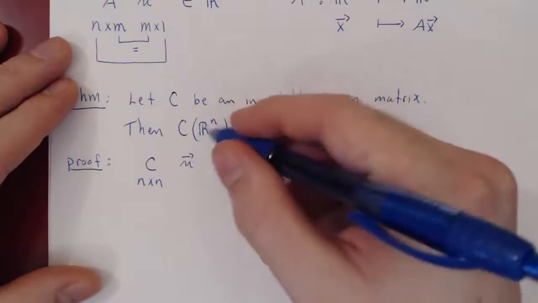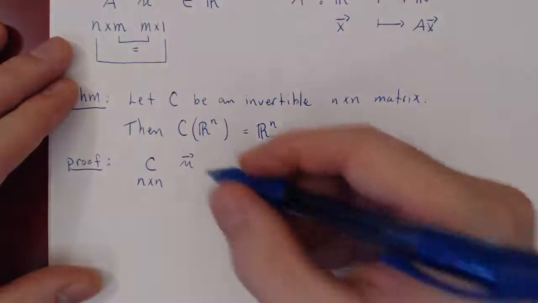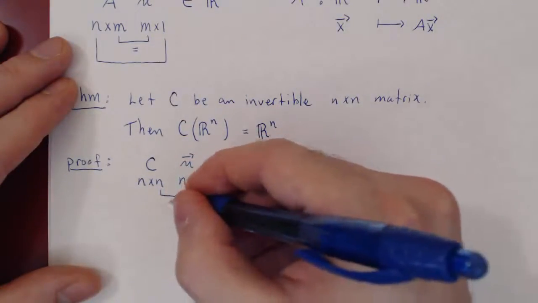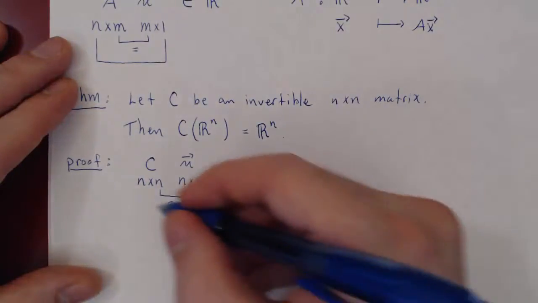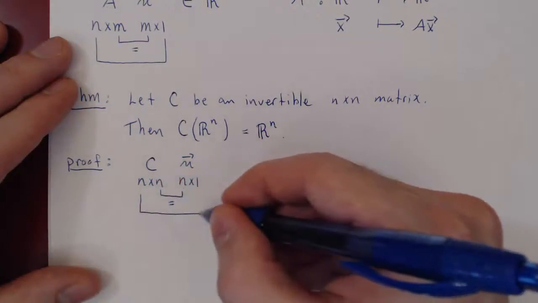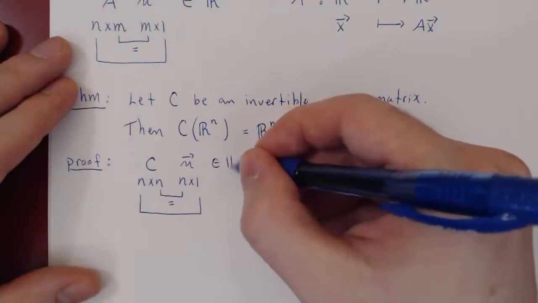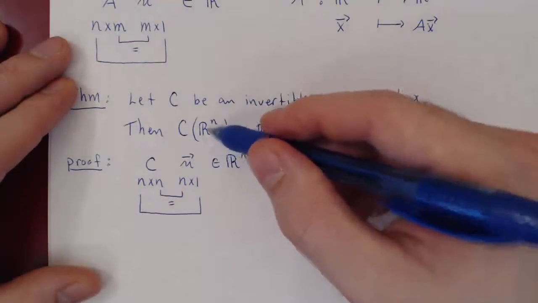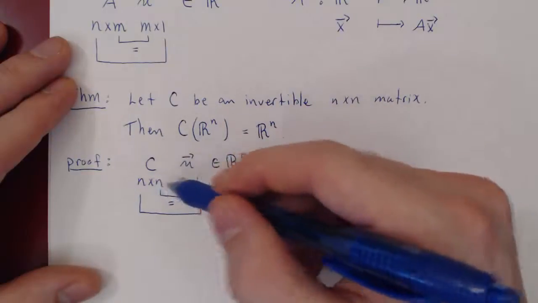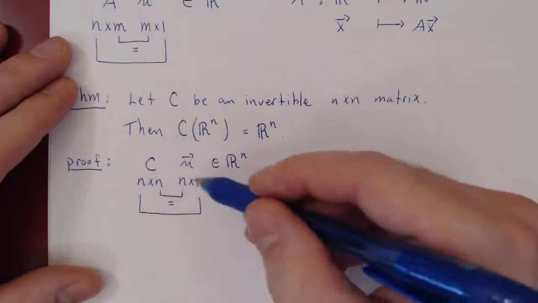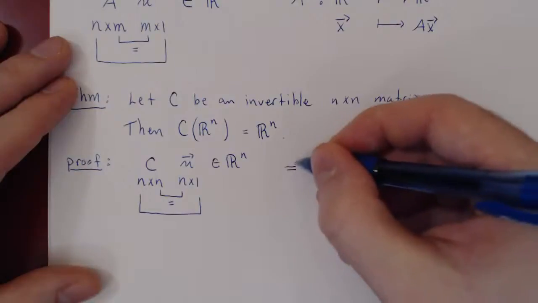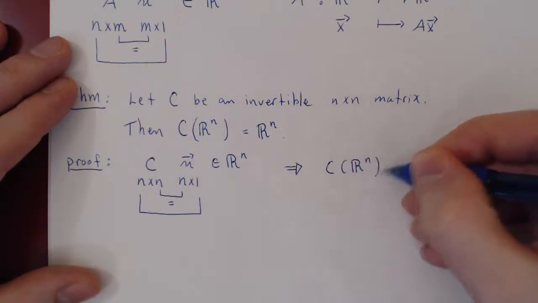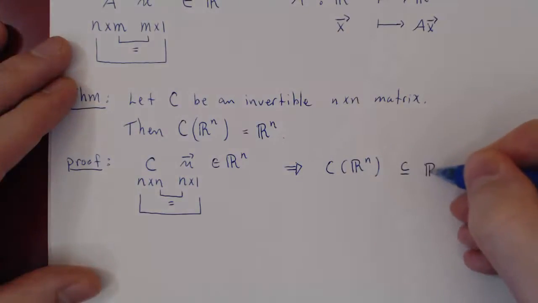But now vector u is in Rn, therefore is an n by 1 column matrix. So n equals n. The product is defined, and the result will be an n by 1 matrix. So this is a vector in Rn. So clearly, if we multiply a vector in Rn by the matrix C, the result is still a vector in Rn. So this proves that C times Rn is a subset of Rn.